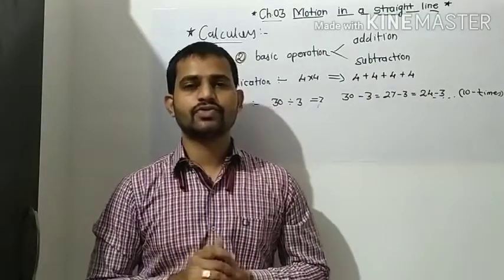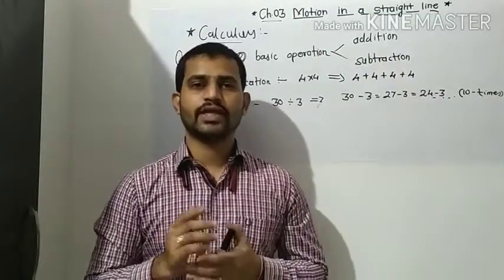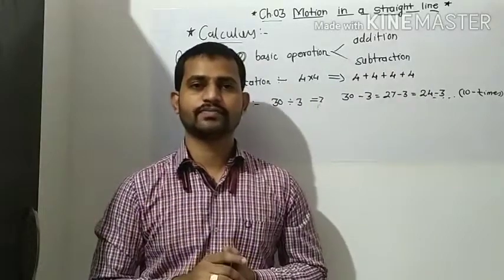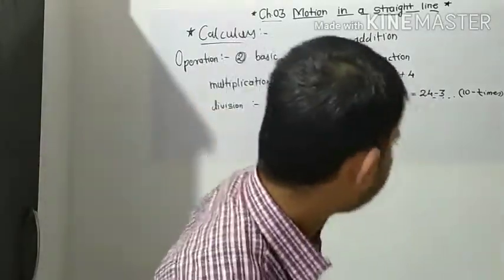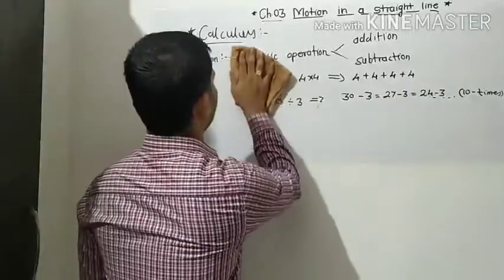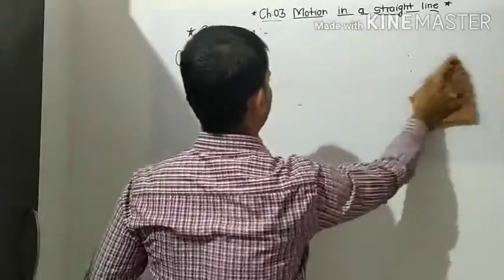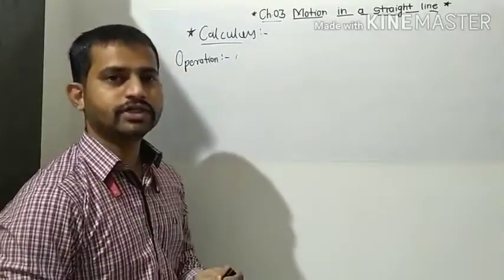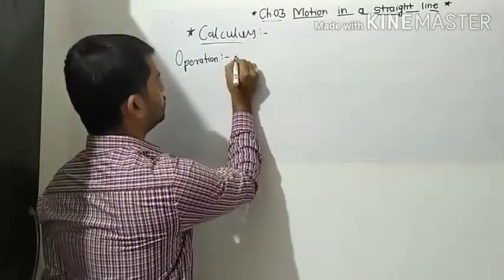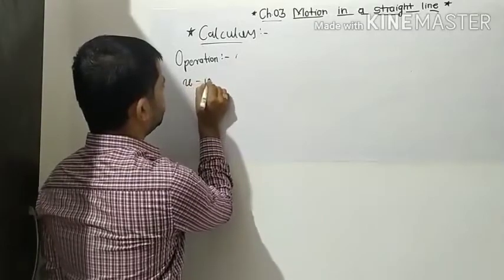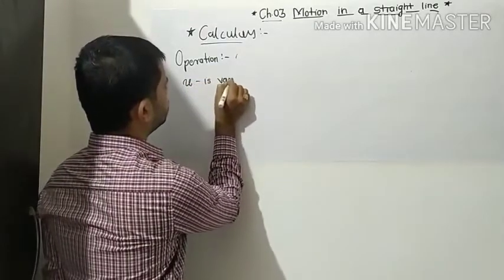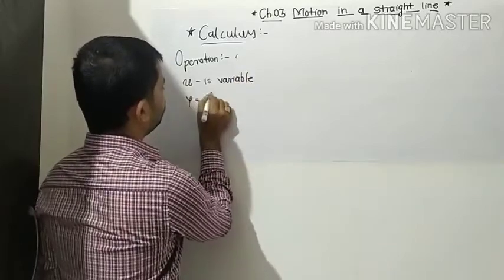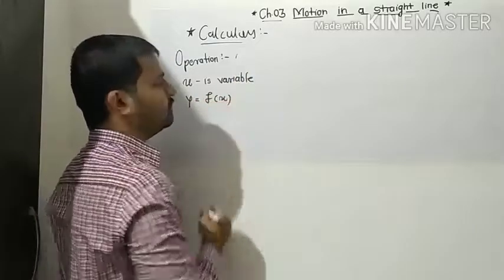Okay, suppose we have the values of x and y, in which x is the variable and y is the function of x. Suppose we have the function in which x is a variable and y is equal to f of x, that is, y is the function of x.